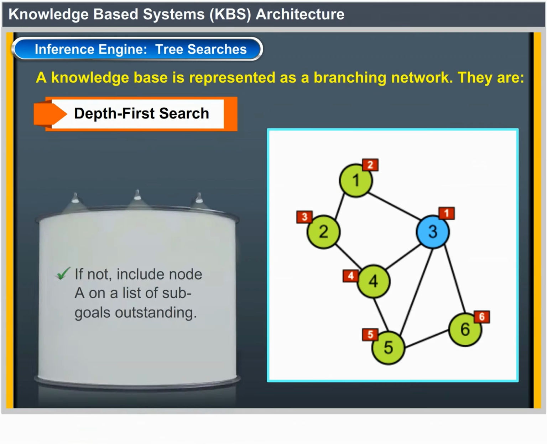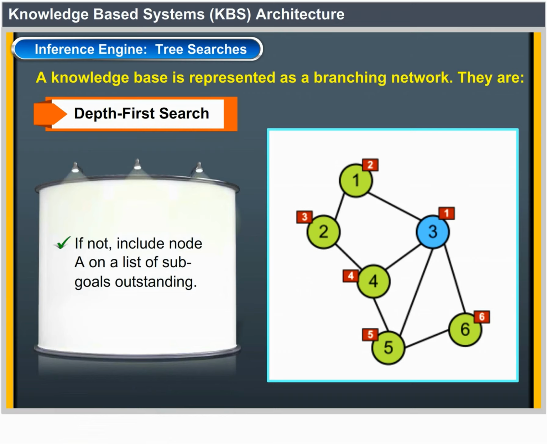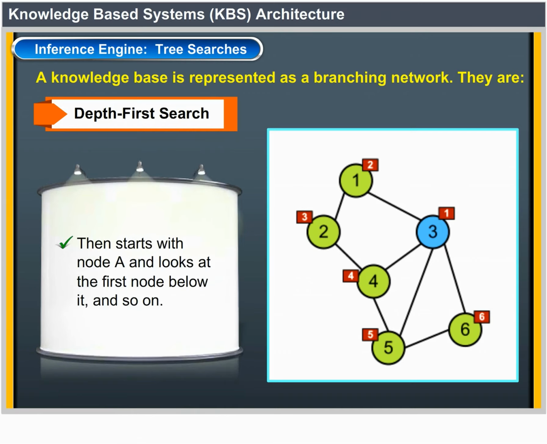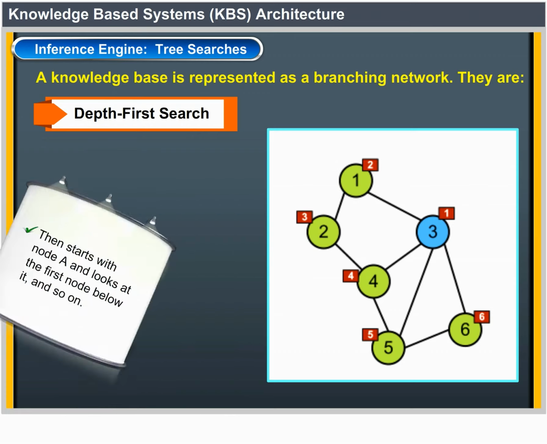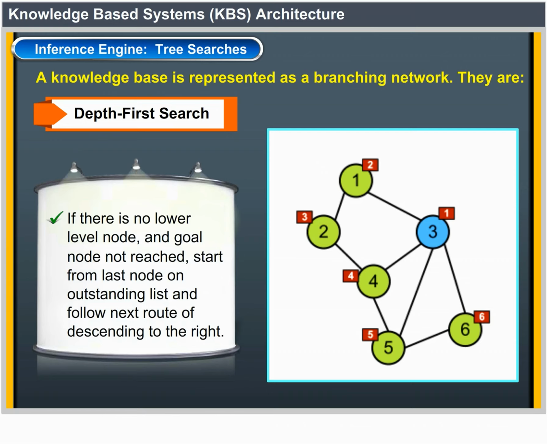If not, include node A on a list of outstanding subgoals. Then start with node A and look at the first node below it, and so on. If there is no lower level node and the goal node is not reached, start from the last node on the outstanding list and follow the next route of descending to the right.